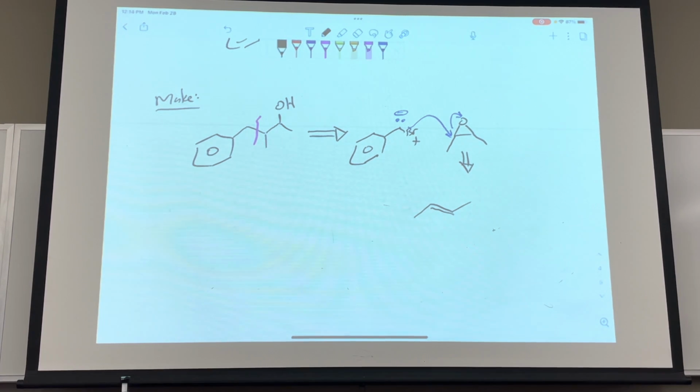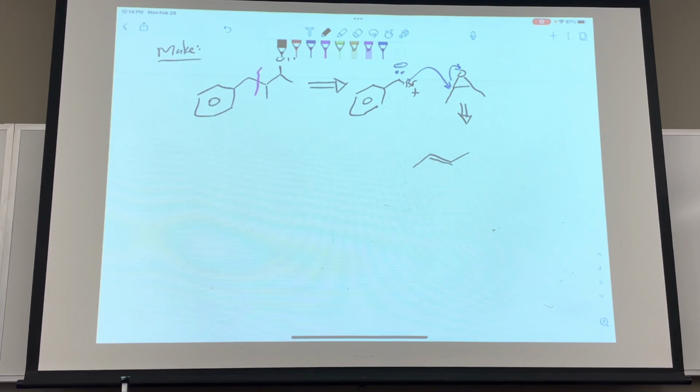But imagine for a minute if we had something like, I'm just going to do a generic nucleophile. If we have that, does it make sense to you that depending on whether the nucleophile came in and attacked here, or whether it attacked there, you're going to get two different products?